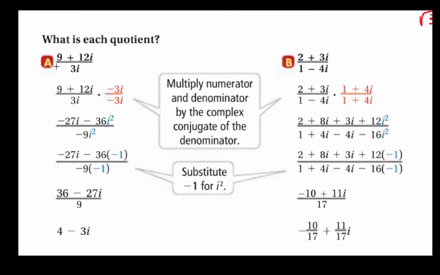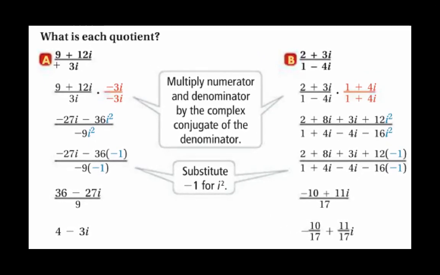If we take the quotient of complex numbers, 9 plus 12i over 3i, we want to eliminate the imaginary number in the denominator. So we're going to multiply the numerator and the denominator by the complex conjugate of 3i. And then when I do that, I get a new quotient of negative 27i minus 36i squared all over negative 9i squared.